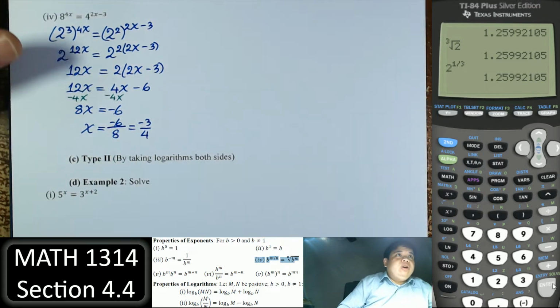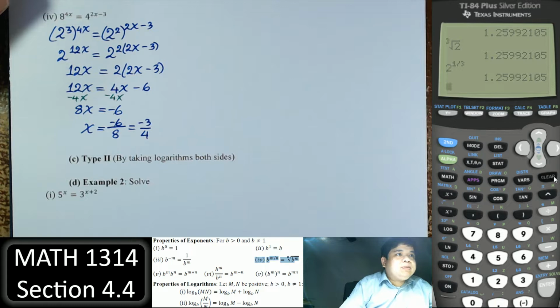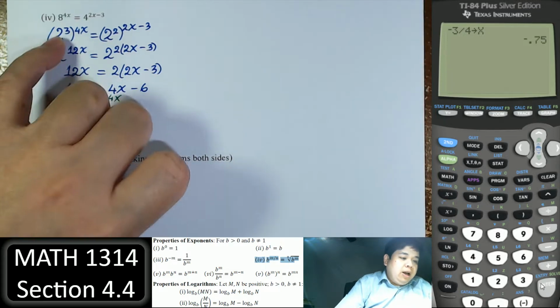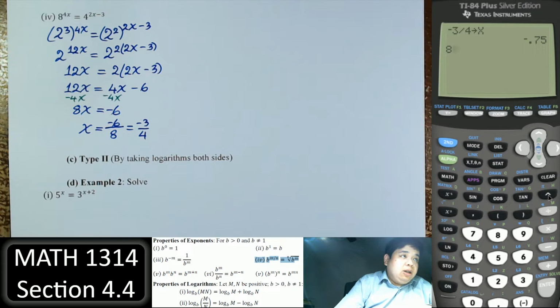We have negative 3 over 4, right? So, to check to make sure it works, we have 8 to the 4x, right, so we have that. Then 4 to the 2x minus 3.